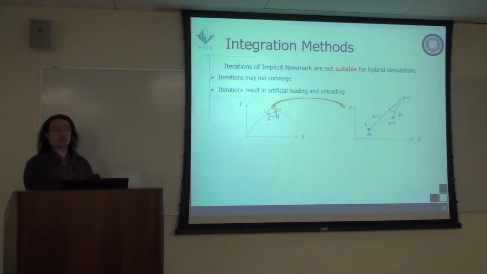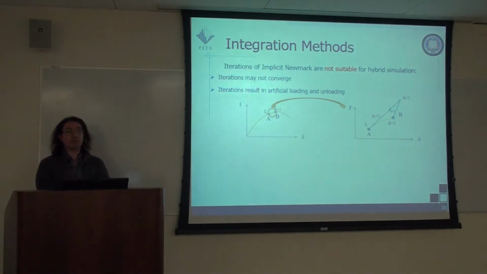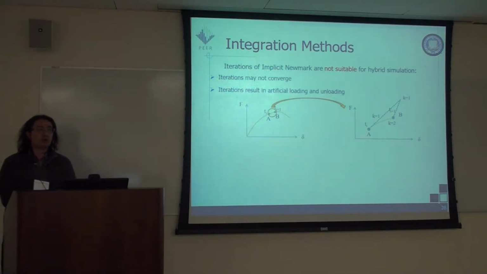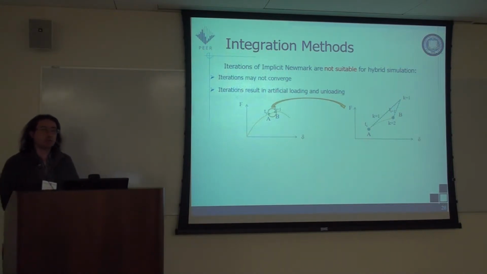They are just a result of the numerical computation, but they are physically applied on the specimen. In the case of an analytical substructure, all these iterations and the loading and unloading are not important because it doesn't have a memory, but everything that we apply to an experimental substructure affects it.